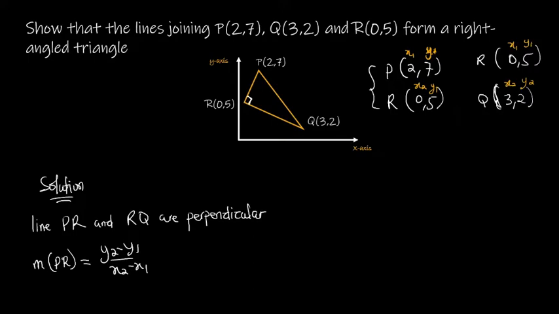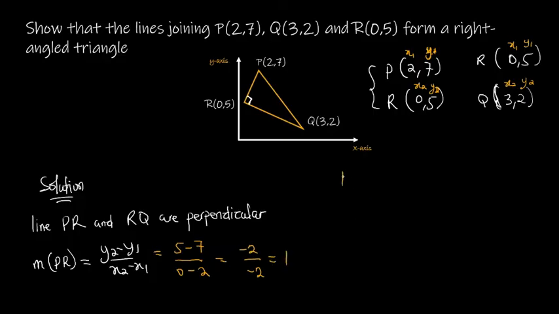Okay, so for my line PR, this is y2. My y2 is 5, so I have 5 minus my y1 which is 7, on my x2 which is 0, minus my x1, which is 2. So this is equal to 5 minus 7 will give me -2, on the denominator over here also gives me -2, and this is equal to 1.